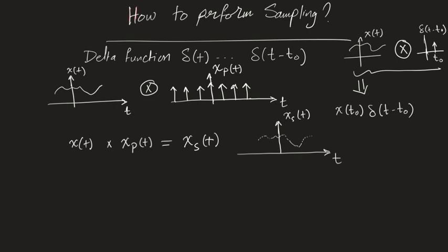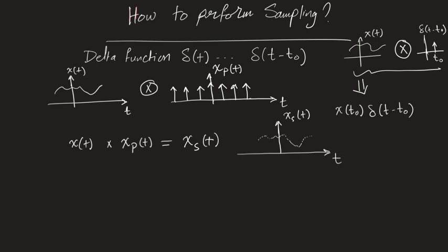What's xp? It's called the sampling function, a function that we use for sampling. This is just naming. xs is the sampled function. So xp is used to sample. Yes, sampling is different from sampled. One of them is the output of the sampling, the result of the sampling.